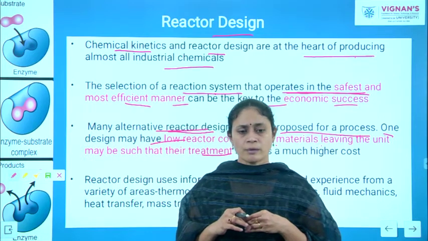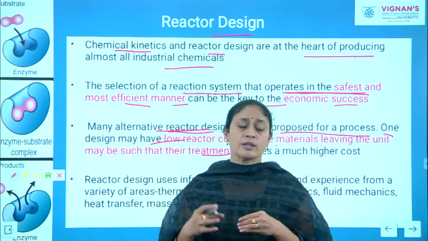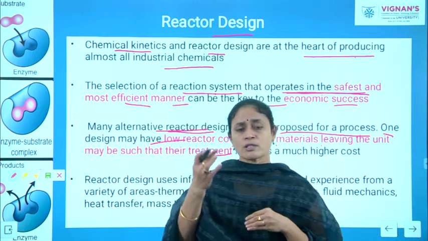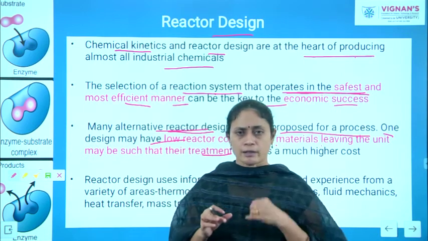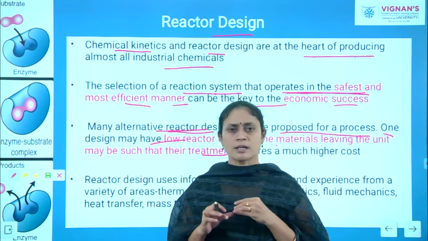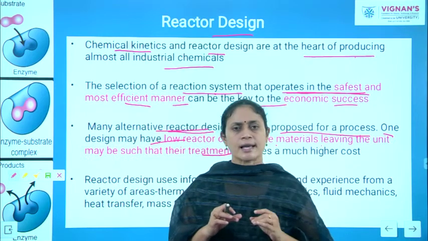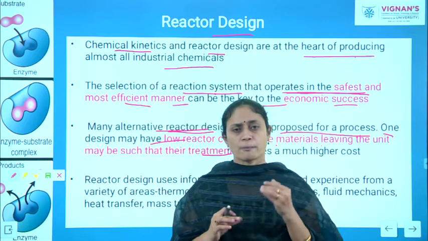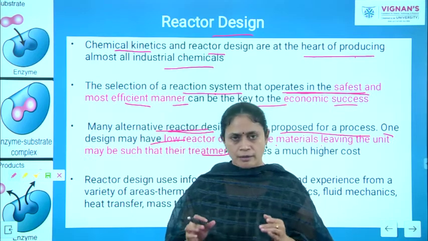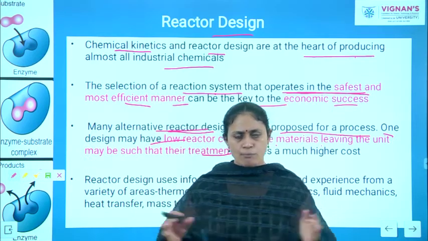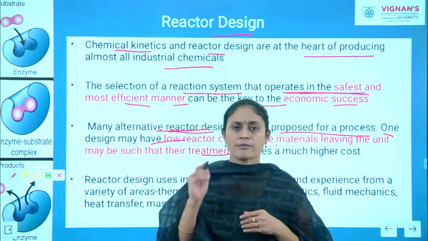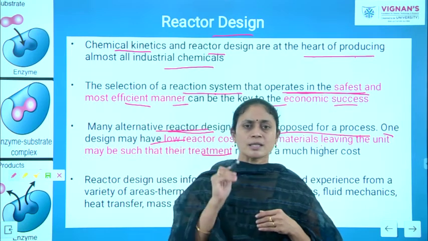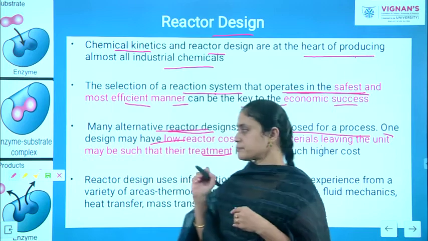You may invest more cost on the treatment of your product. So you have to check the cost of the design as well as the treatment of your products and byproducts. Then after calculating both of these, you have to choose a compatible design.